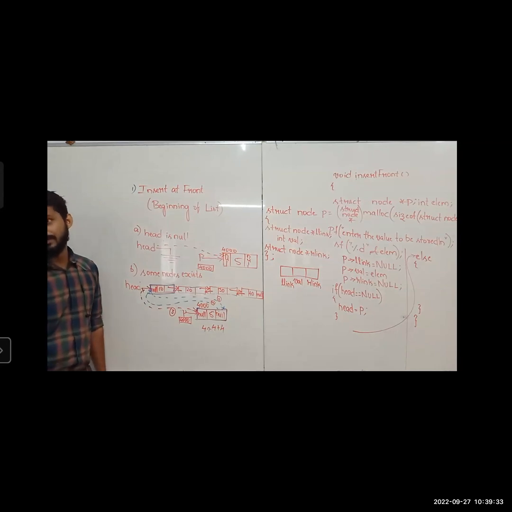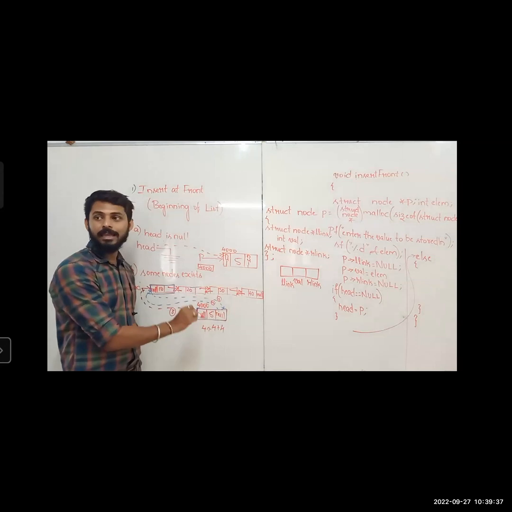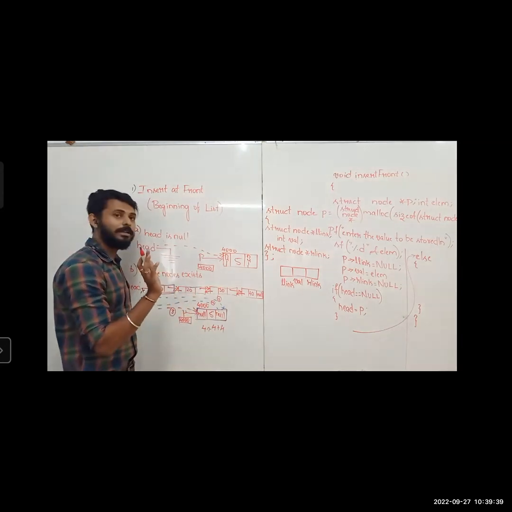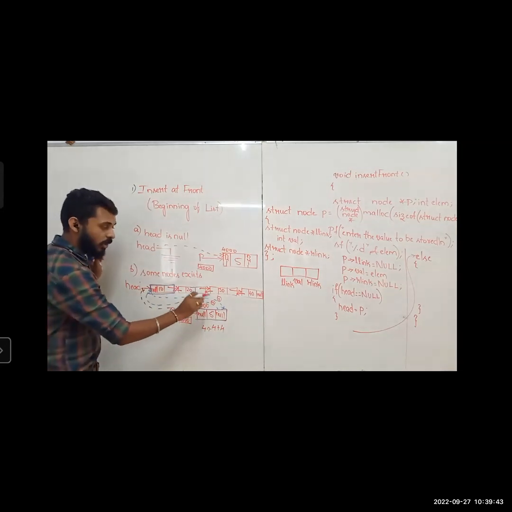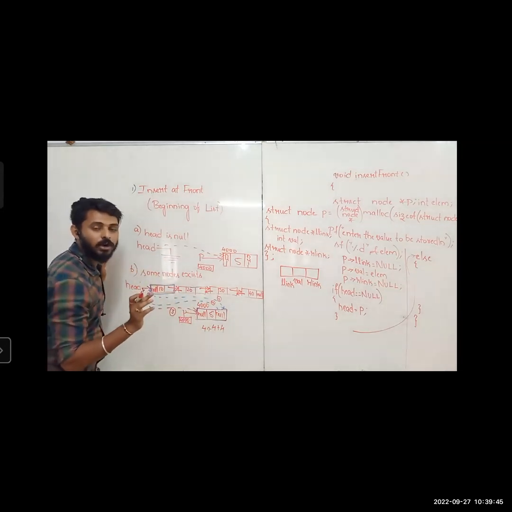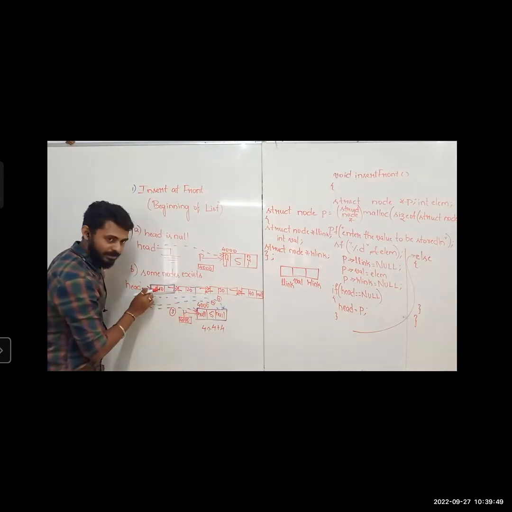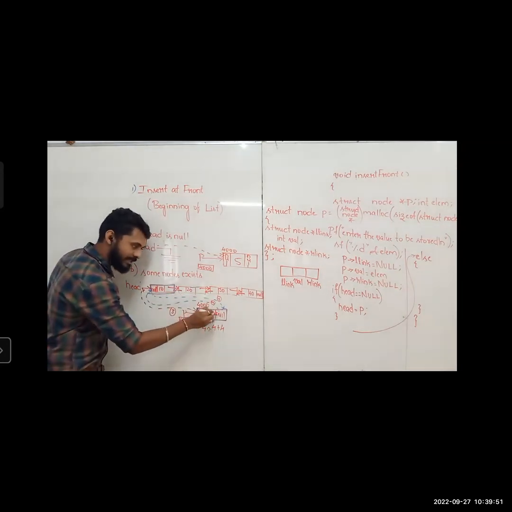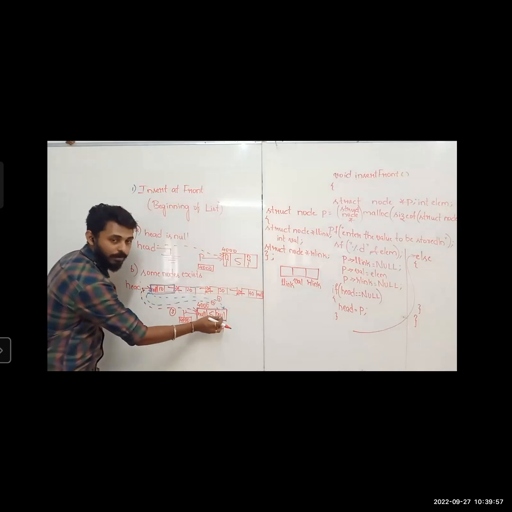It is P's left link. Again, I'm saying it is not P's R link. It is not a mistake I'm trying to make; I just want to check whether you have got clarity with respect to the concept or not. From here it should come through. Should it point inside this? It should point to this complete box, not the inside part.